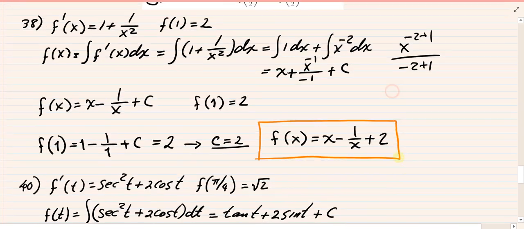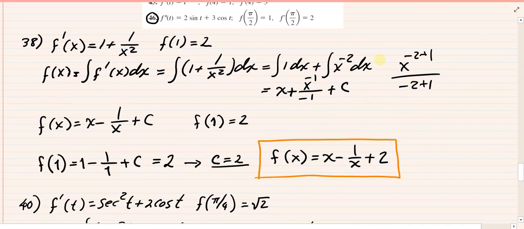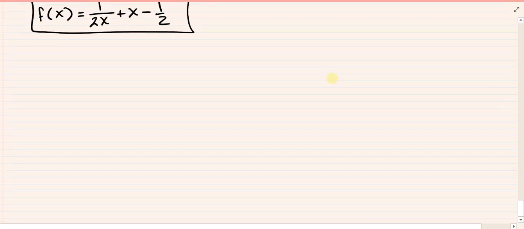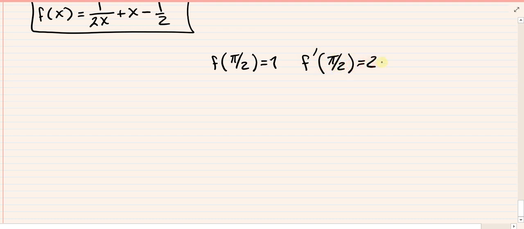Let's take a look at one last one in this segment. Is that 46? f double prime t is 2 sine t plus 3 cosine t, and the initial values are f at pi over 2 is 1, f prime at pi over 2 is 2.